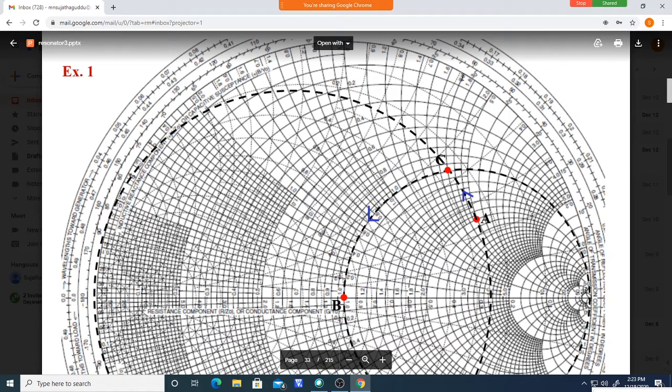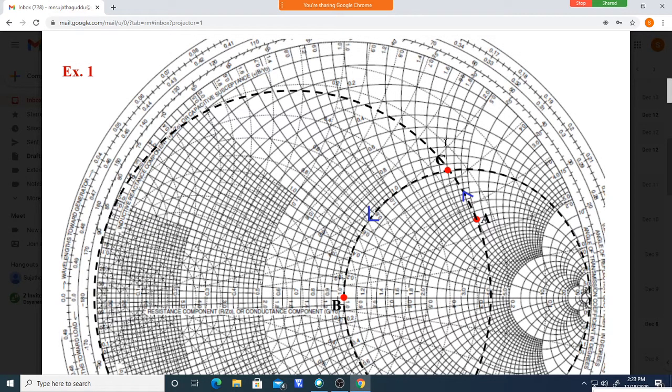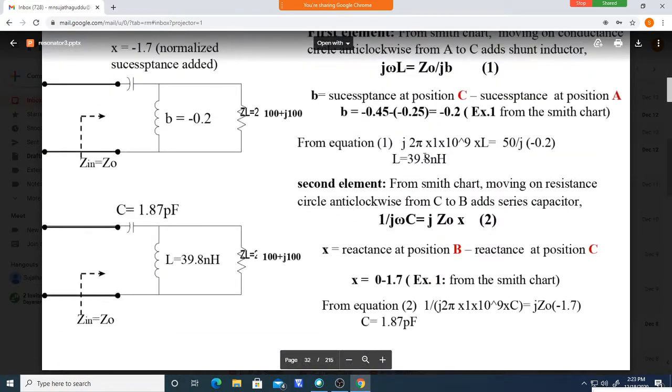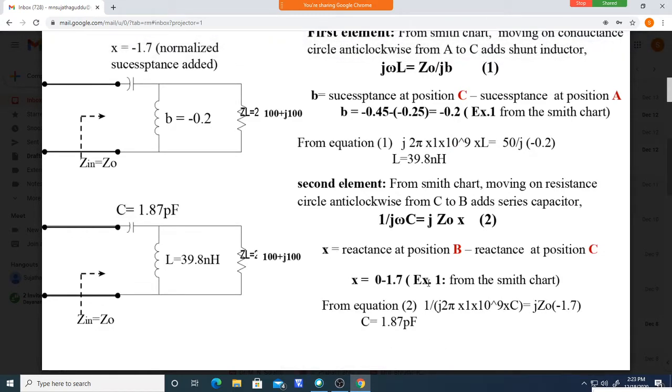What is written here is not the value of this reactance circle, it is associated with something else, so don't take this. So it is between 1.6 and 1.8, so it is 1.7, plus 1.7. So 0 minus 1.7 means it is minus 1.7.